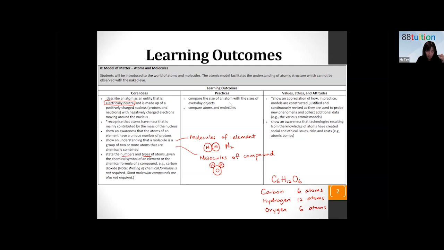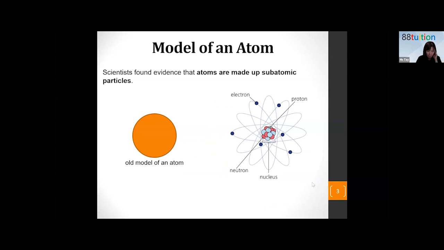Let me look at this part here. Compare the size of an atom with the sizes of everyday objects. No need to compare, they are so small. You can't even see them at all. Now, let's go on to what is inside an atom. Scientists found evidence that atoms are made out of subatomic particles, mainly the electron, proton, and neutron.